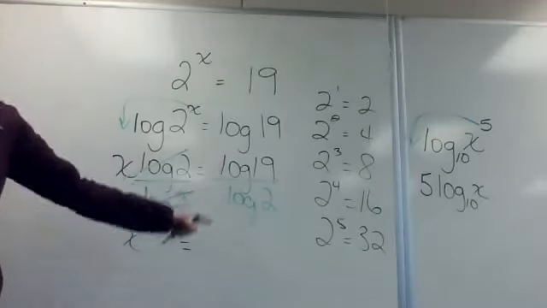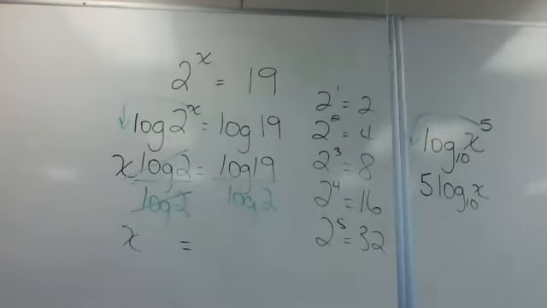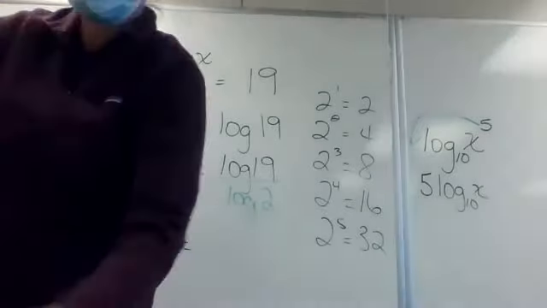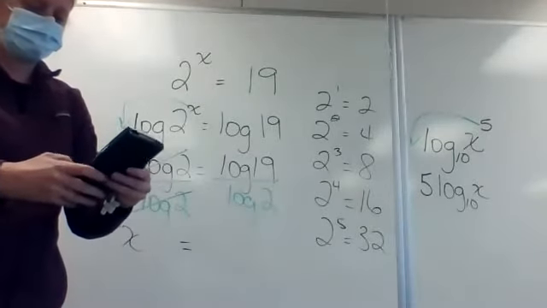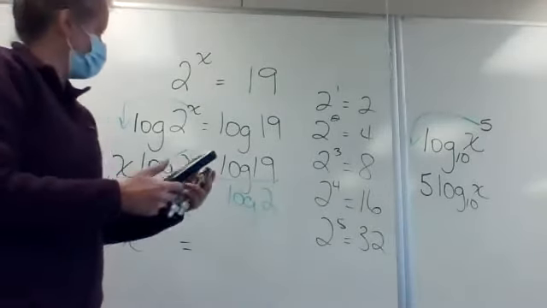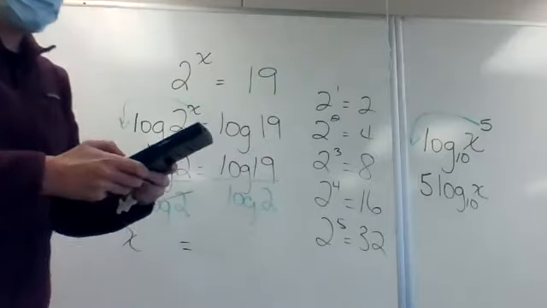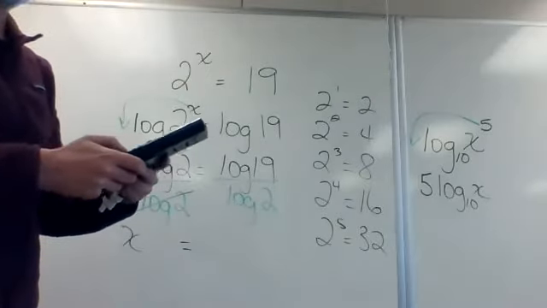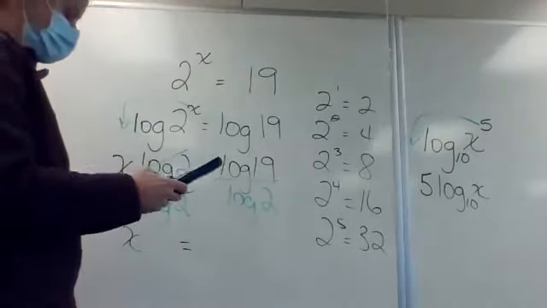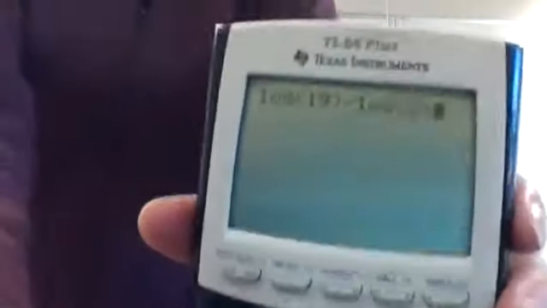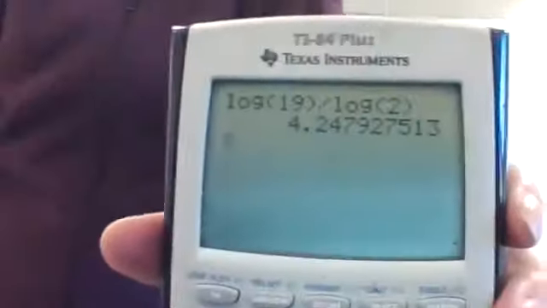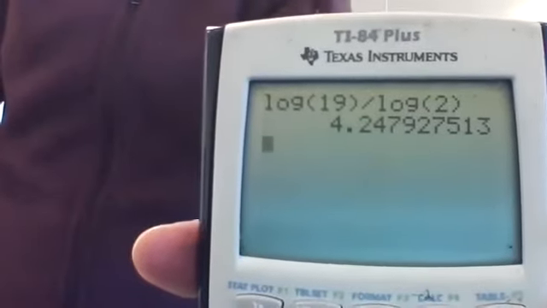Then that's calculator work. In your calculator, you'll type in log 19, close the parenthesis after the 19, divided by log 2. So just log 19 over log 2, hit enter. It's going to give you a long decimal that you'll round to 4 places.